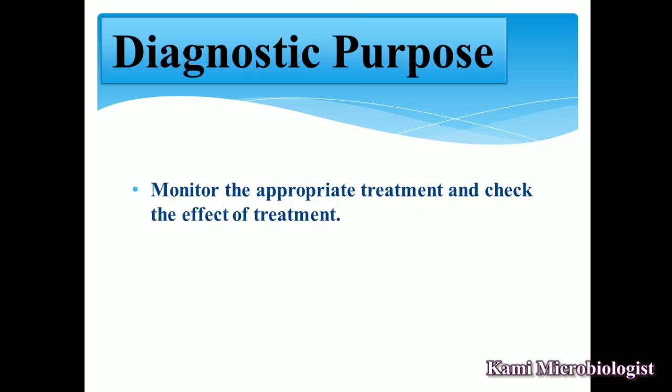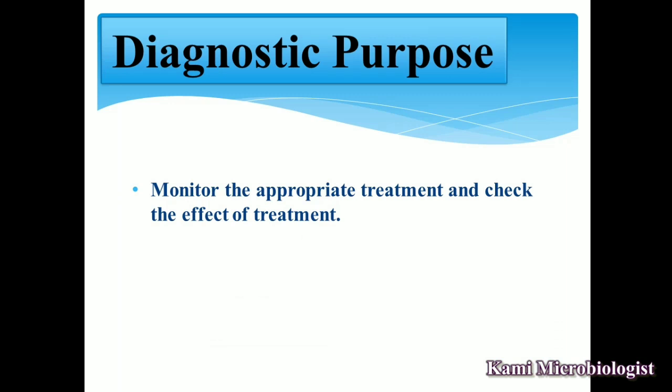Let's see the diagnostic purpose of the HbA1c test. This test is specially used to check the appropriate treatment, meaning through this test we can easily understand what type of treatment is needed for the patient. We can also make sure whether the treatment or the medicine for glucose or for the diabetic patient which we are providing is working or not.